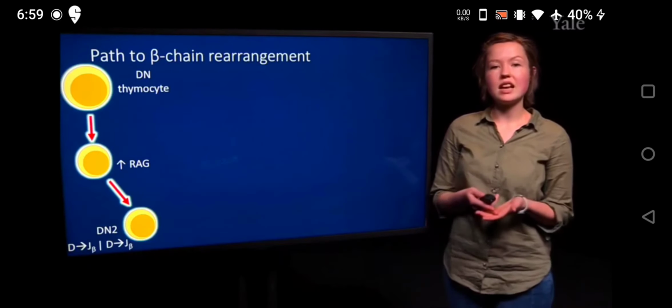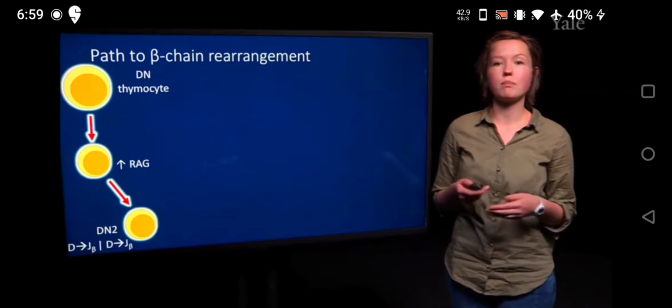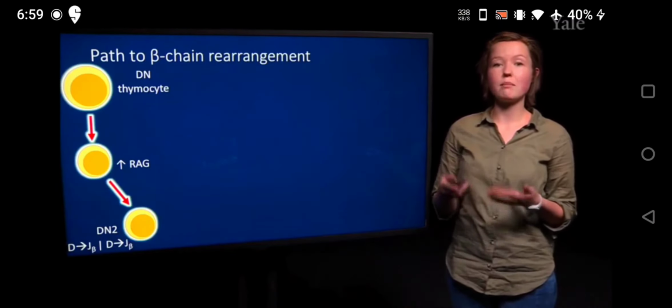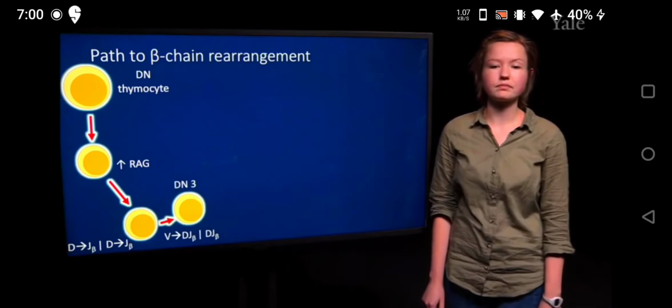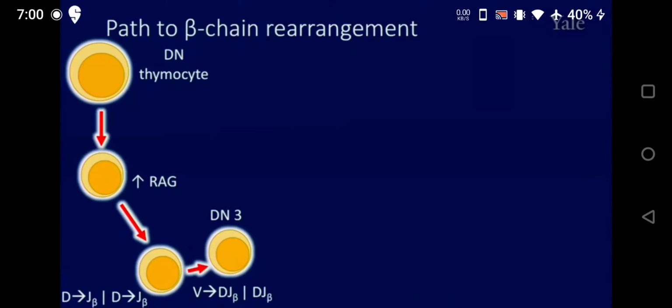Then we move to the DN2 stage, at which the D to J beta rearrangements on both alleles are undergoing rearrangement. Then we move to the DN3 stage. Following the D to J beta rearrangement, we have the V to DJ beta rearrangement at a single allele first.